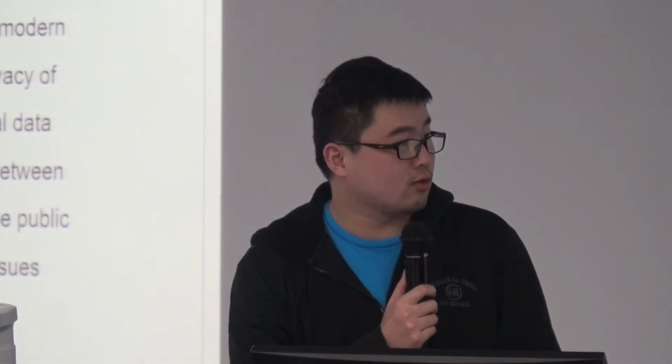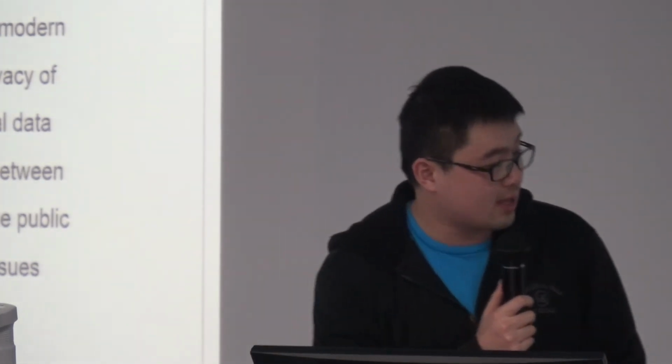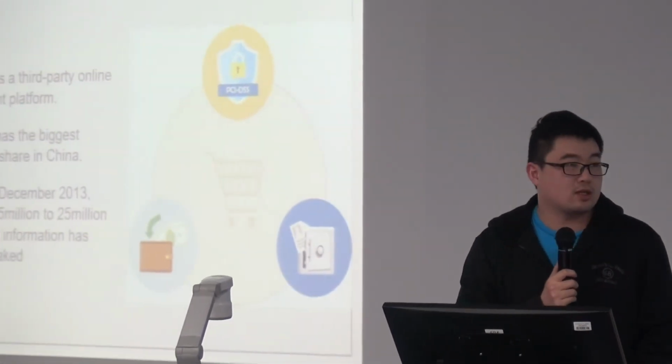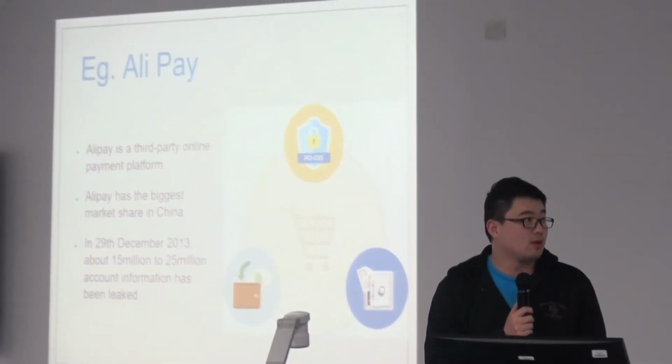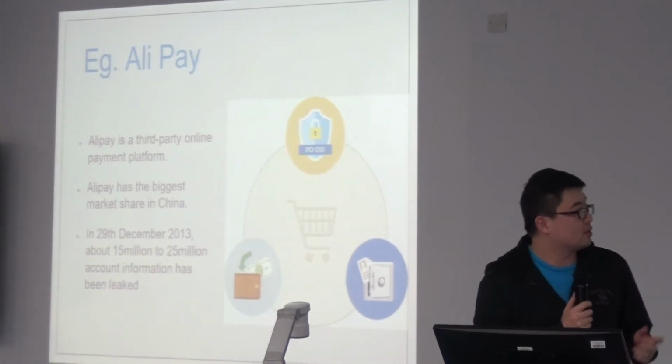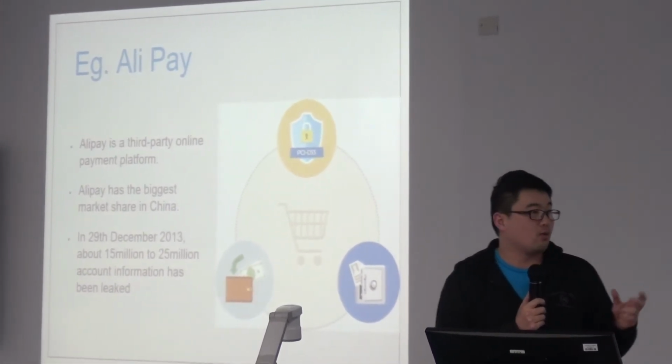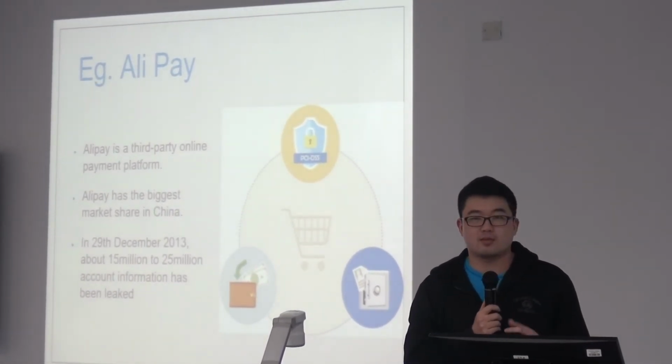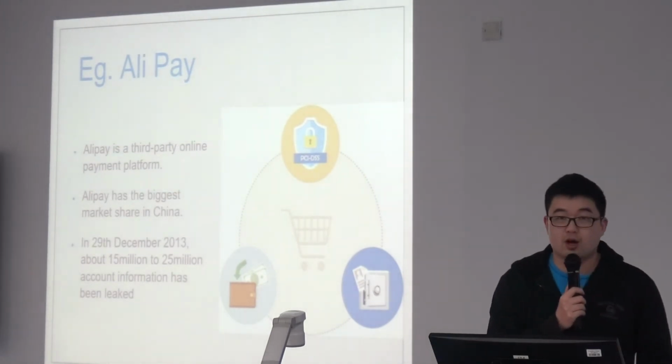And I will give two major examples of these things. First is Alipay. We know Alipay is very useful in mainland China. We can use it to buy things. We can put our money in Alipay and use it when we want to buy something, like something on the Taobao website.